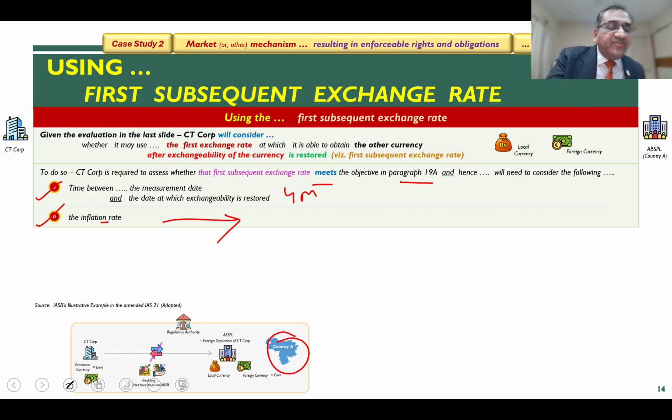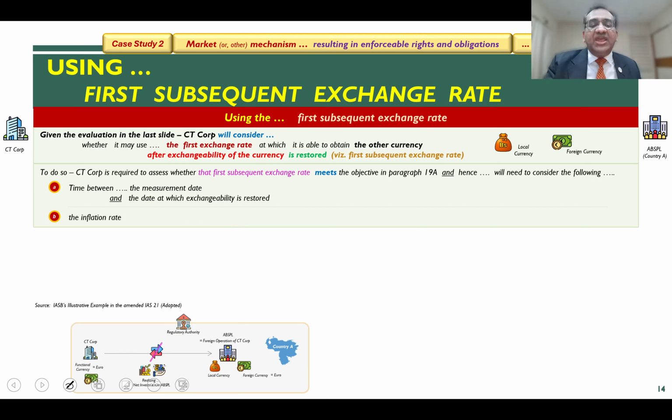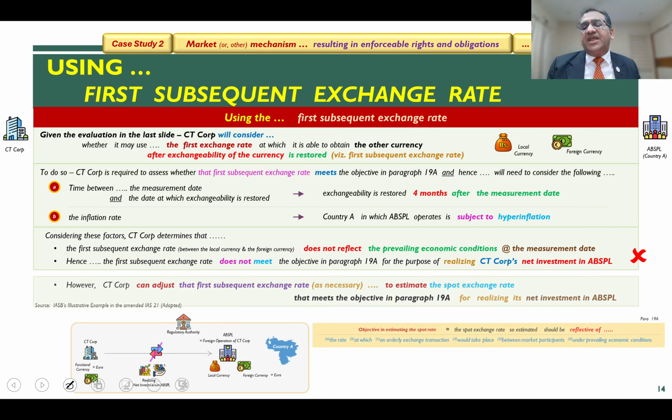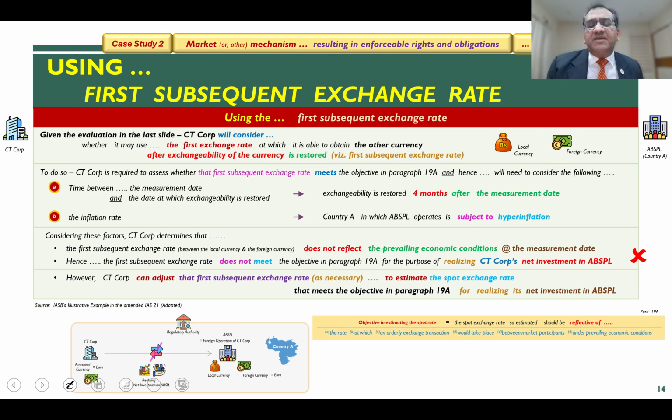And therefore, in this case, clearly, you can't use this rate which is subsequently available, because that does not reflect the situation prevailing on 31st of December. Because the estimation objective is that the rate which you use should be reflective of the exchange rate on the date of measurement.